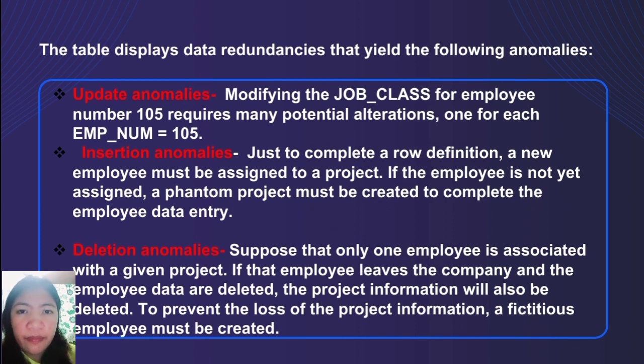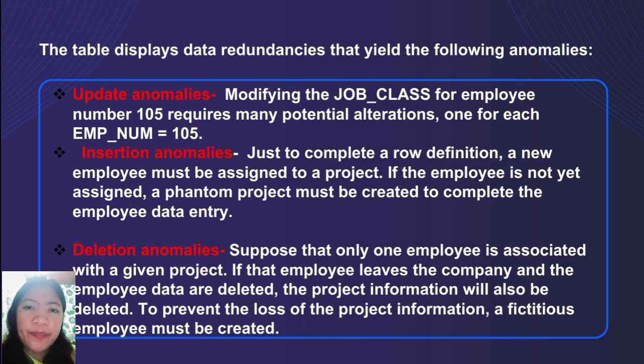First, we have update anomalies. Modifying the job class for employee number 105 requires many potential alterations, one for each row where employee number equals 105. In update anomalies, modifying the job classification of an employee with a specific employee number requires making multiple alterations.